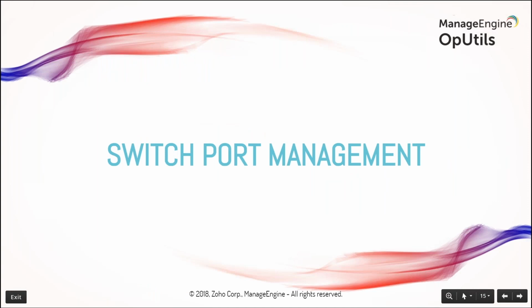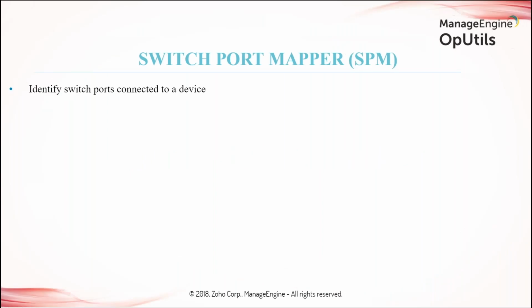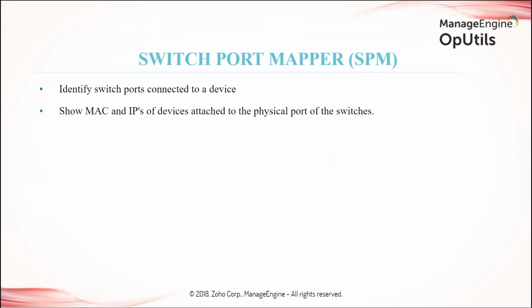OpUtils is Switchport Mapper. We call it SPM, which helps you identify the switch ports and the devices connected to them, along with the MAC address and IP address of the device connected to the physical switch port.